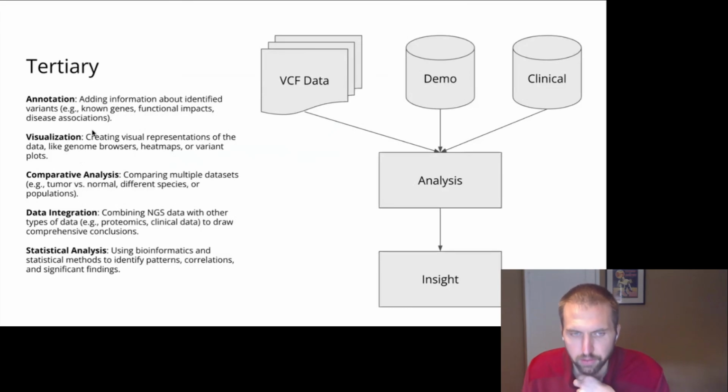Tertiary, and we'll cover this a little bit more because it's where databases can have the most immediate impact in bioinformatics, which is combining this data together. In this case, we might have VCF data, which is variant call data. We might have demographic data and/or clinical data.